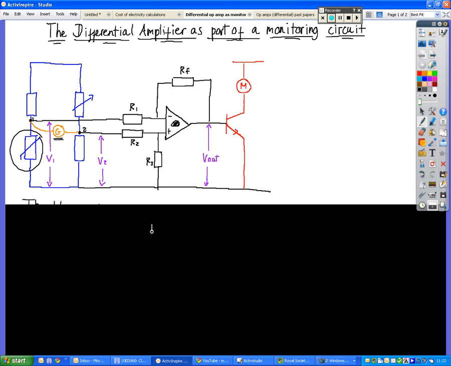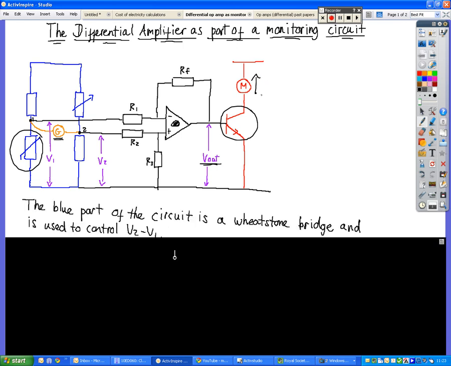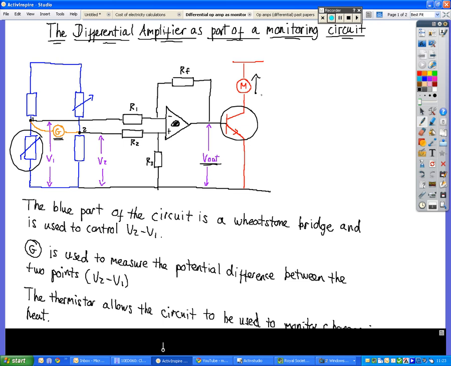The gain of that, as we already know, is RF divided by R1 multiplied by V2 minus V1. We then get an output out here. That output, if it's above a certain voltage, will switch on this transistor, allowing current to flow in the motor and performing some kind of action thereafter. Okay.